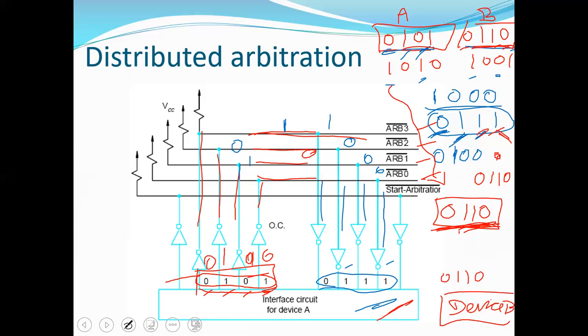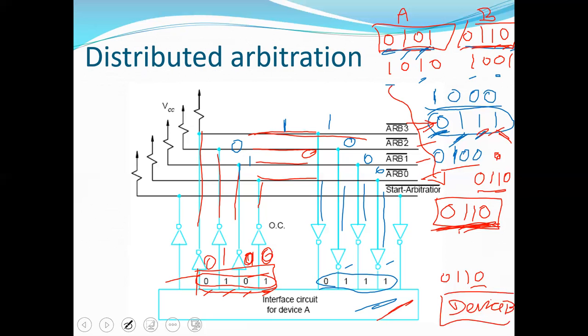You can see that 0110100 is there in device A and 0110 is there in device B. It passes through this arbitration line, and the value of the arbitration line is reframed.